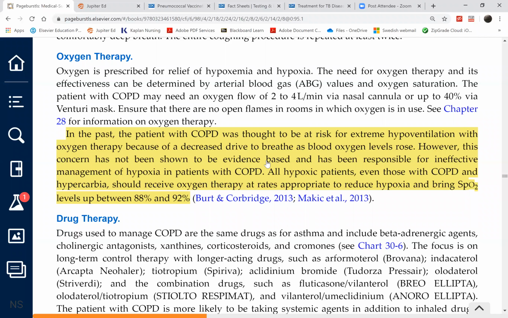However, is it evidence-based? No. Meaning there is really no evidence that this will happen. But theoretically, yes, this is what's going to happen. But again, there's no evidence really, because especially if these patients are intubated already, we actually give them more than 2 to 4 liters, and it makes them better. All right.